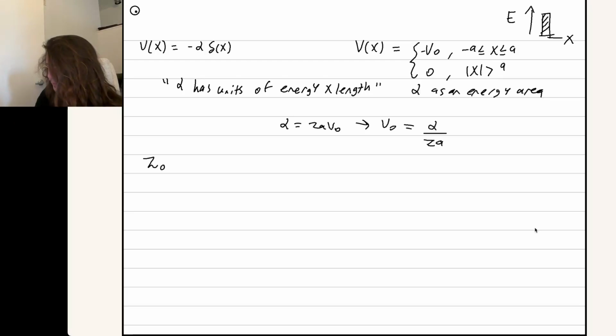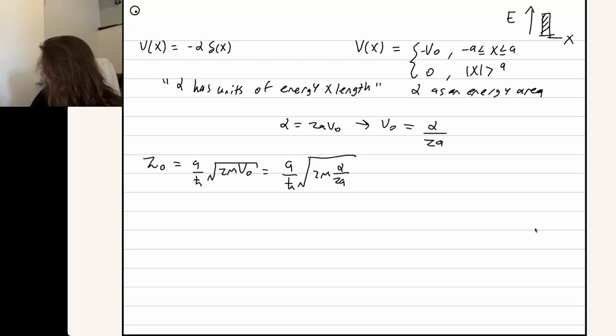this variable z naught, which Griffiths defined as a over h bar times root 2m V naught. So plugging in our definition of V naught in terms of alpha, we have 2m times alpha over 2a, and then those 2's cancel out.